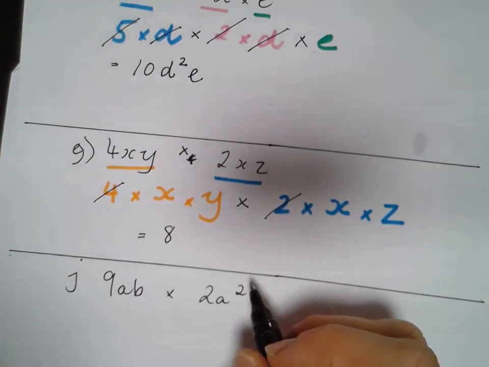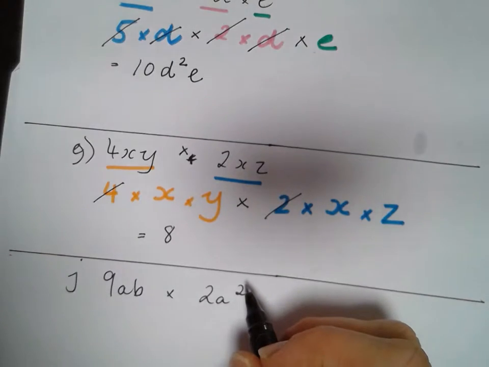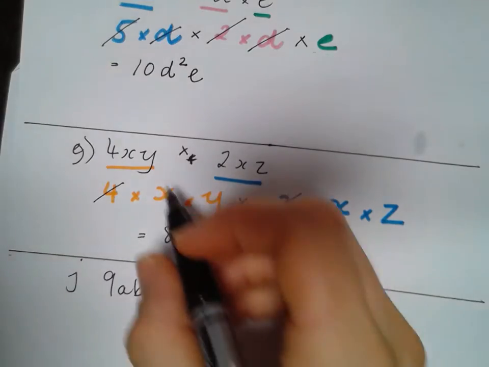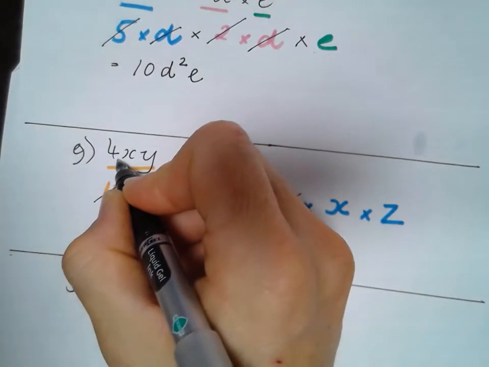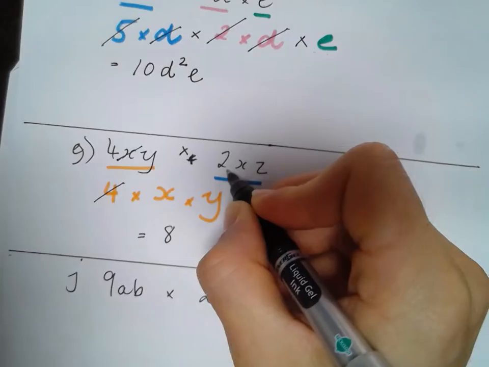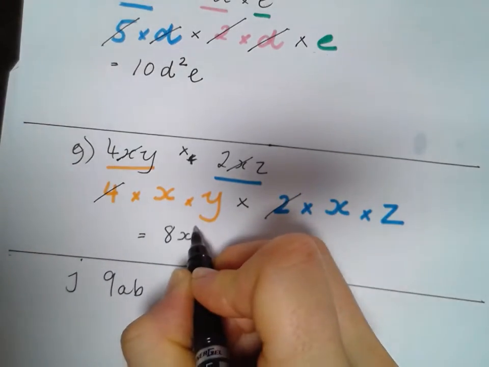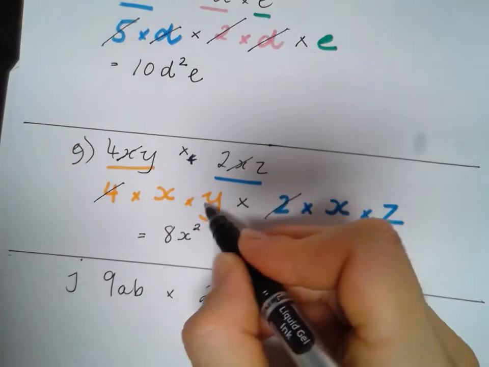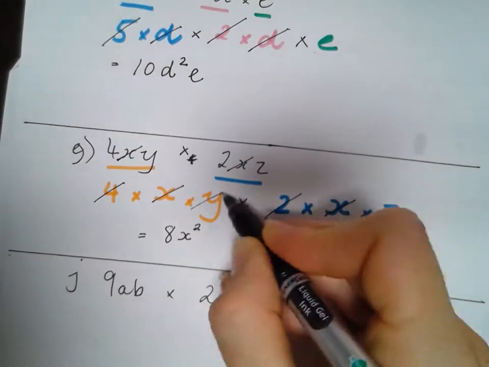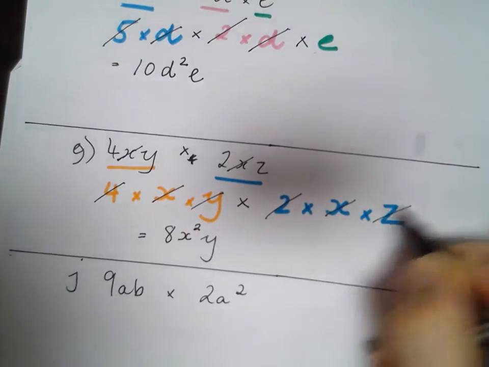This time we have two X's. So it's X squared. Okay, we have 1 Y and we have 1 Z.